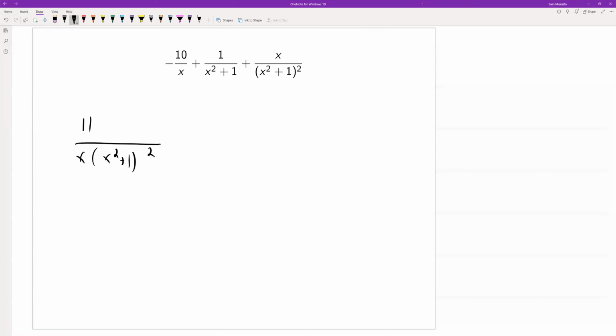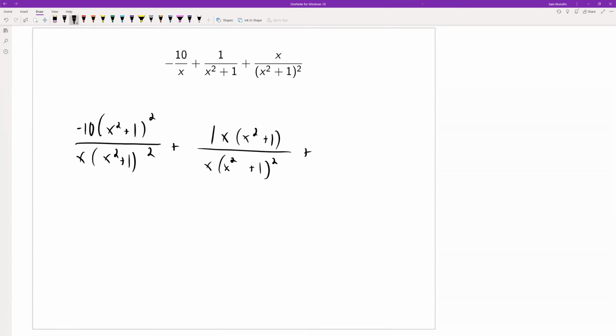I would have to multiply this negative 10 by (x squared plus 1) squared in order to balance out. The second fraction, (x squared plus 1) squared, means that we are missing an x and an x squared plus 1.